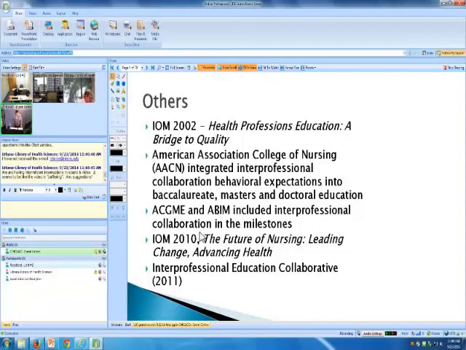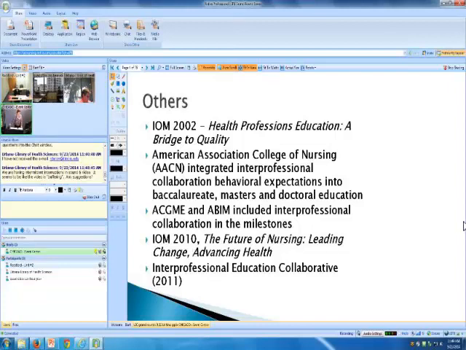In physician education, the ACGME and the American Board of Internal Medicine also included interprofessional collaboration in the milestones for physician residency training. So here we see our professional educational organizations including interprofessional education, so that's a good thing.